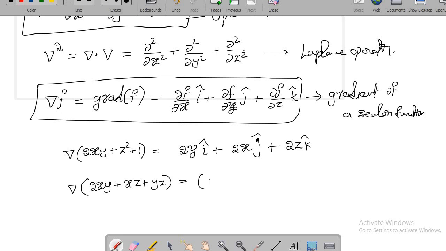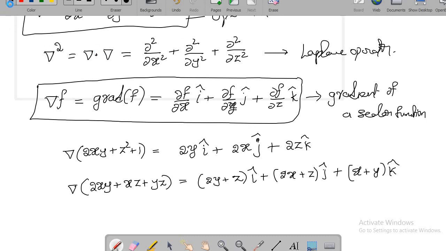Now the derivative of this with respect to x is (2y plus z) times i. Next the derivative with respect to y is (2x plus z) times j, plus the derivative with respect to z, which is (x plus y) times k. So this is how we calculate the gradient of a scalar.